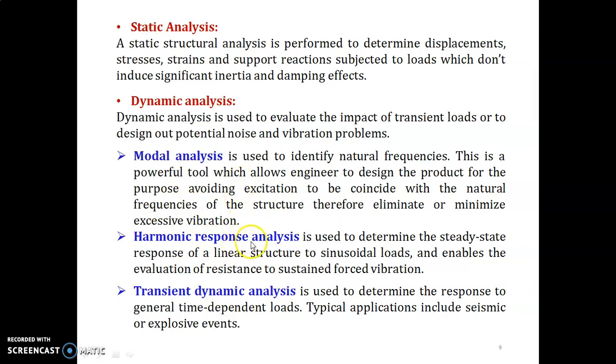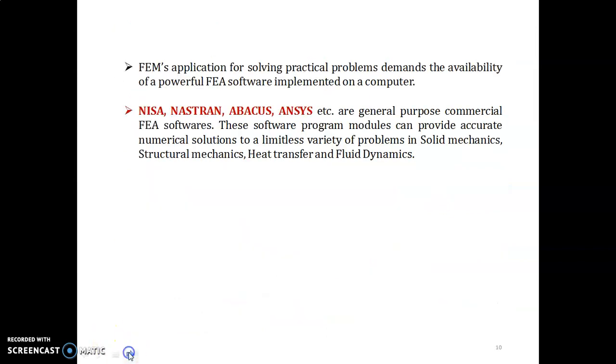Harmonic response analysis is used to find the steady state response of a linear structure to sinusoidal loads. Transient dynamic analysis is used to determine the response to time dependent loads, or time variable loads. For applications like seismic or explosive events, transient dynamic analysis is used.